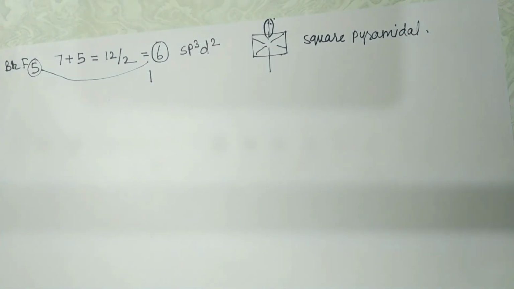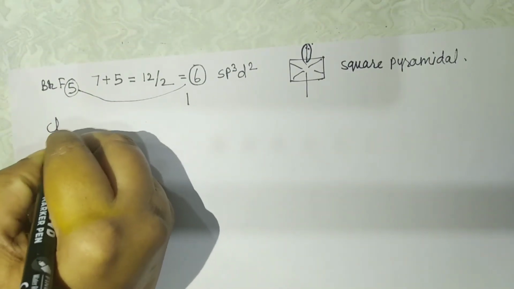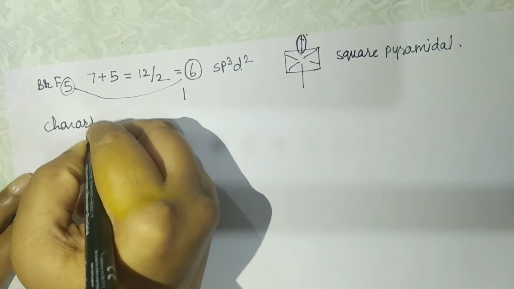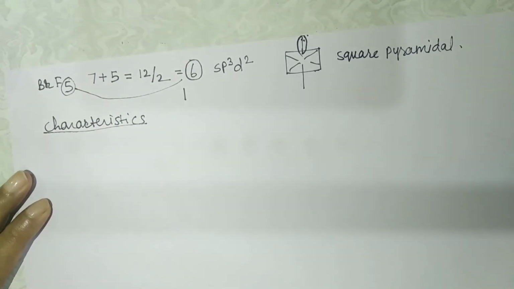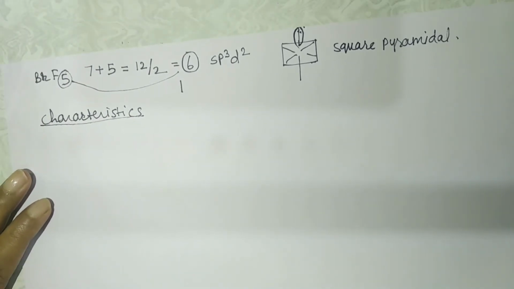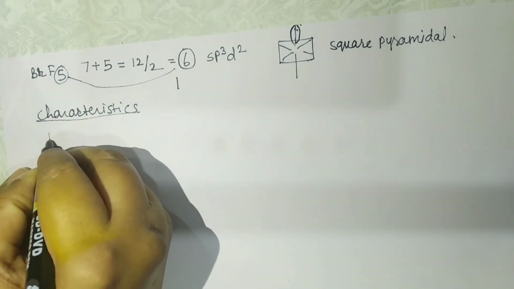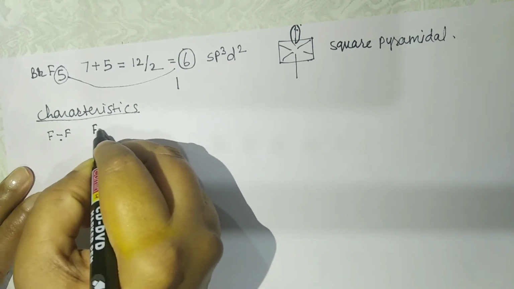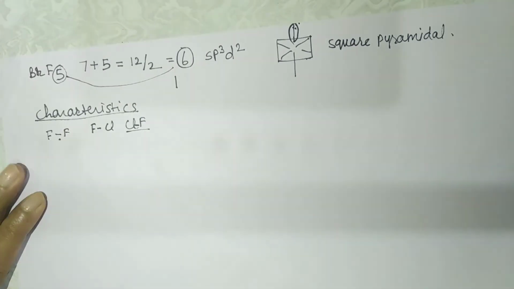Now let us see some of the general characteristics of those interhalogen compounds. It is very important to note that interhalogen compounds are also covalent compounds, because if I take fluorine and fluorine, this is a covalent bond, but when fluorine is attached to Cl, that is ClF, there is also a covalent bond.